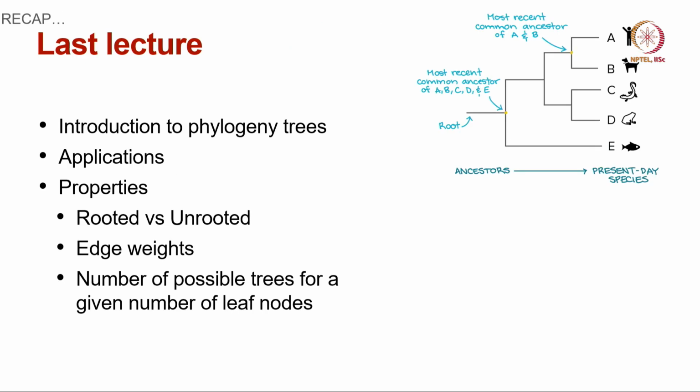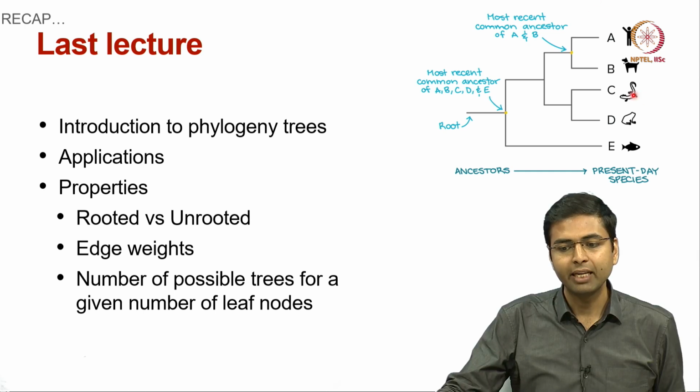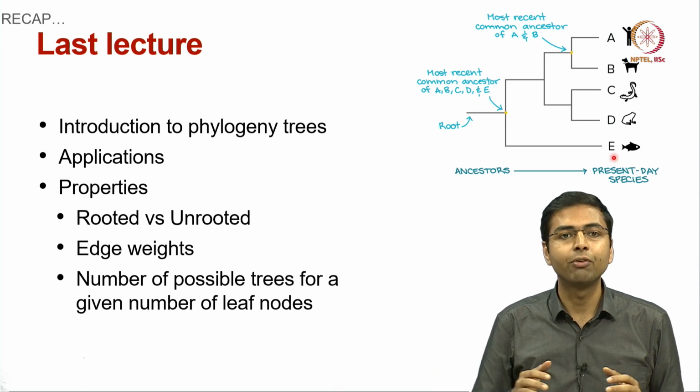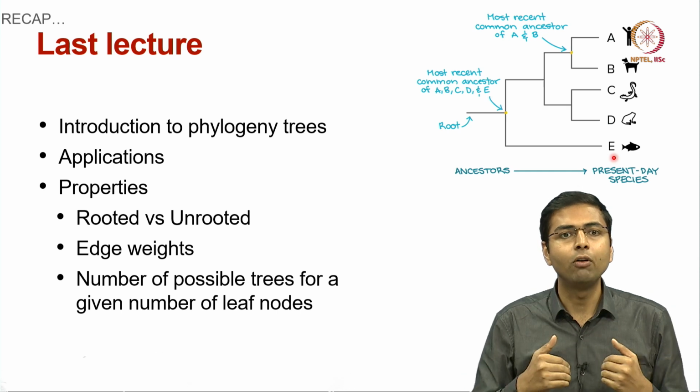So in the last lecture, just to give a quick recap, we introduced what phylogeny trees are. Remember that here we are trying to infer the evolutionary relationship of given objects. For example, you may have present day species and we want to infer how they evolved over time.